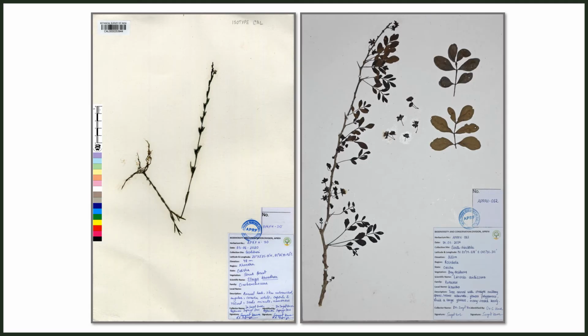The right side is the herbarium of APRF, and the left side is the herbarium of APRF that is submitted to a national herbarium unit in Kolkata. You can even make use of color codes in the herbarium sheet. So many herbaria make use of color codes like this.